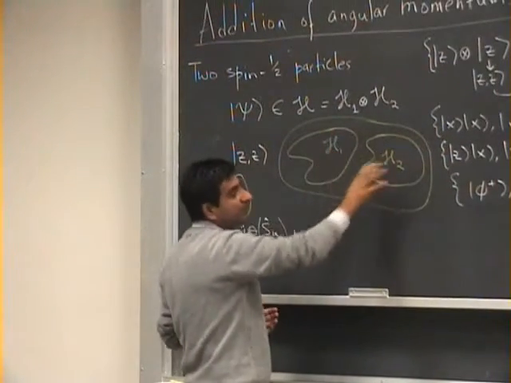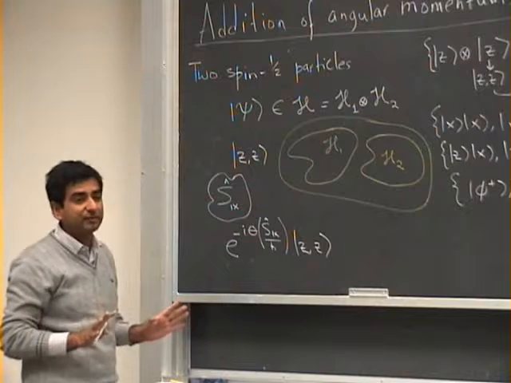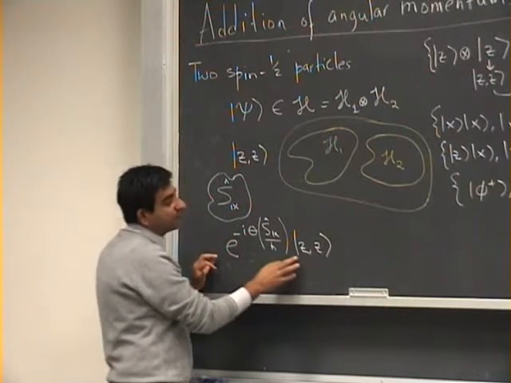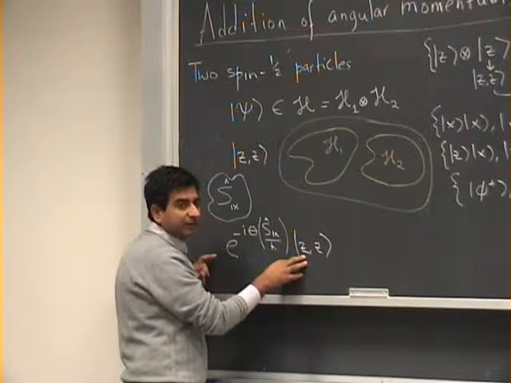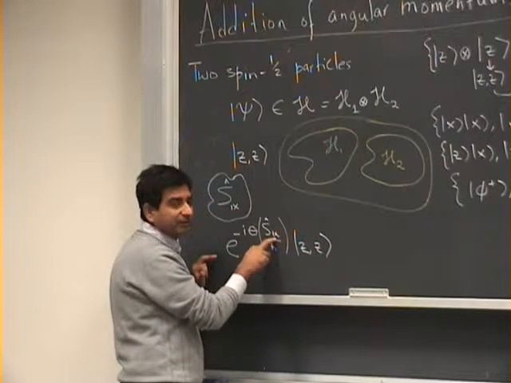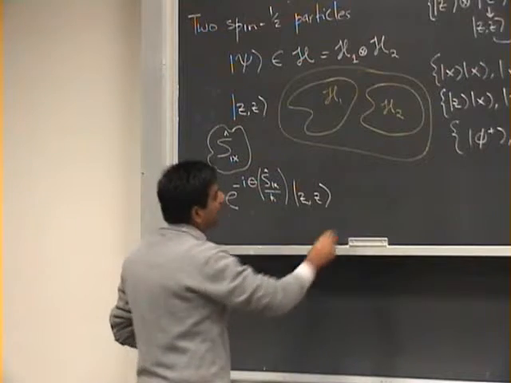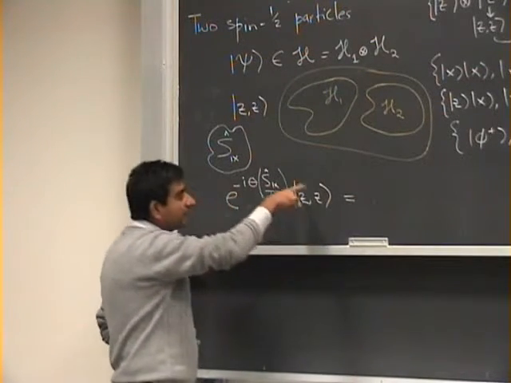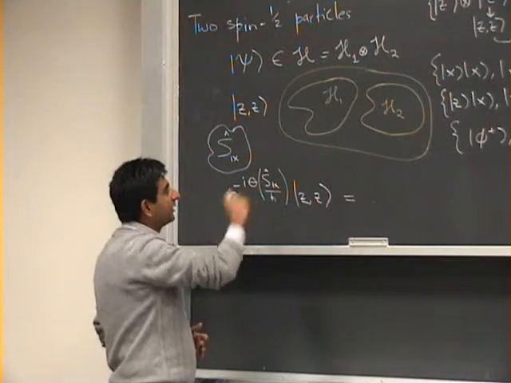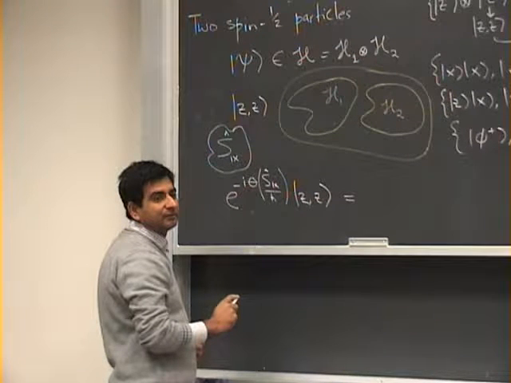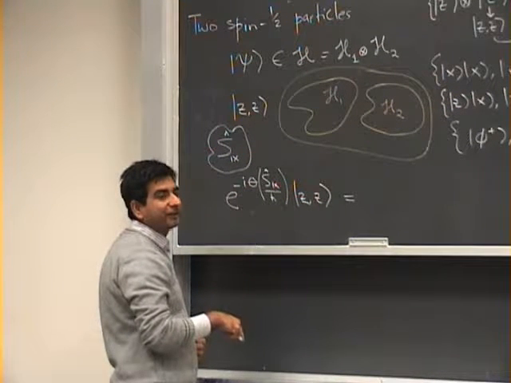That is, these two Hilbert spaces are disjoint. So this operator will only act on the first spin because you have an S1 here. So when this operator acts on the first spin, the first spin is rotated through an angle theta. Okay?